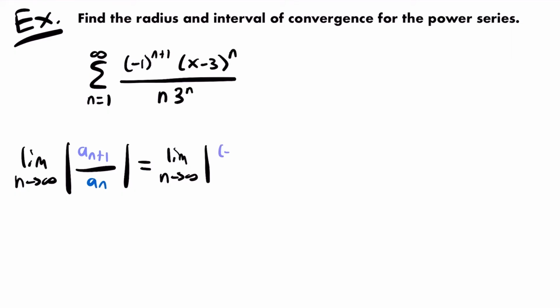So we're going to have negative 1 to the power of n plus 1 plus 1. But that's just going to be n plus 2. So we'll have n plus 2. And that will be multiplied by x minus 3 to the power of n plus 1. And then we'll divide by n plus 1 times 3 to the power of n plus 1, because each of these n's needs to increase by 1. So this n became the quantity n plus 1, and this power of n became n plus 1.